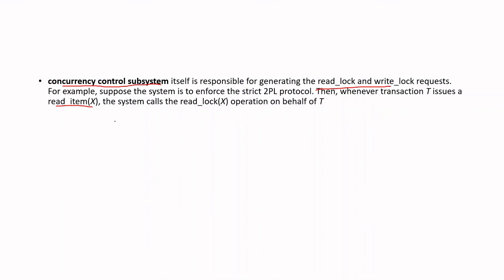It is the responsibility of the concurrency control mechanism to appropriately issue the read lock and write lock at the appropriate points, ensuring two-phase locking. When two-phase locking is ensured, serializability and correctness are also ensured.